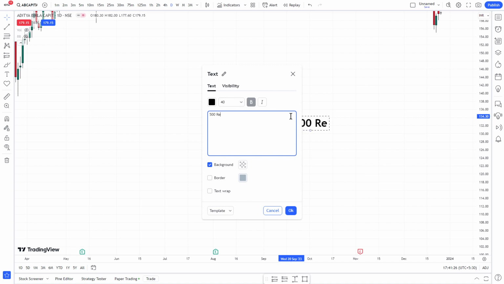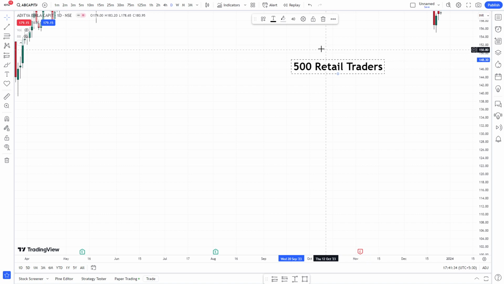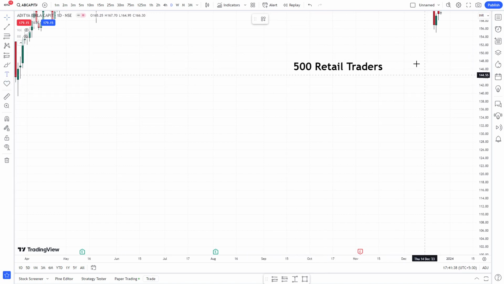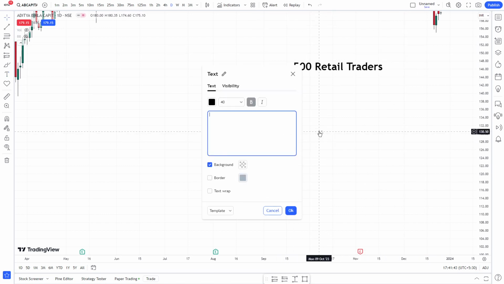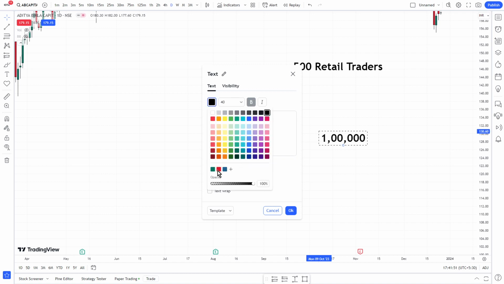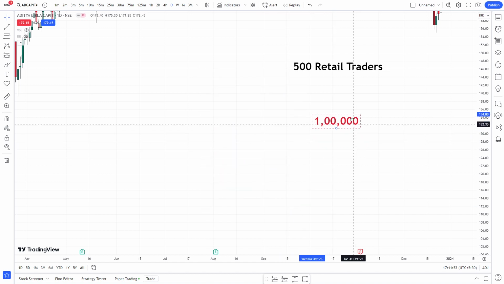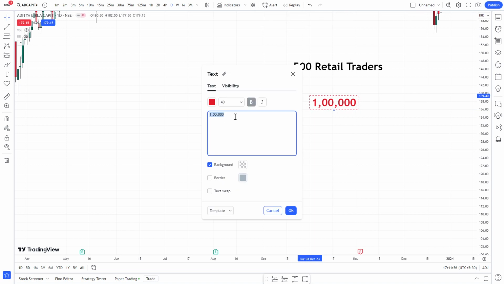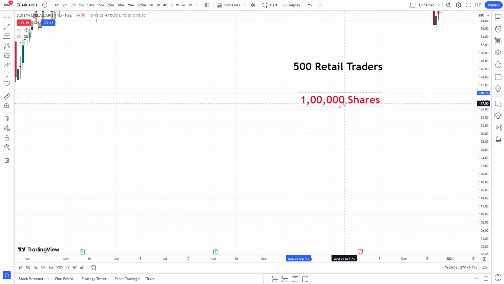But the total quantity they want to sell, if we add up all the shares these 500 retail traders are trying to sell, is only 1 lakh. All these people have 1 lakh shares in total. They want to sell it.